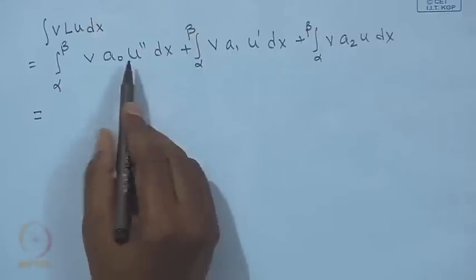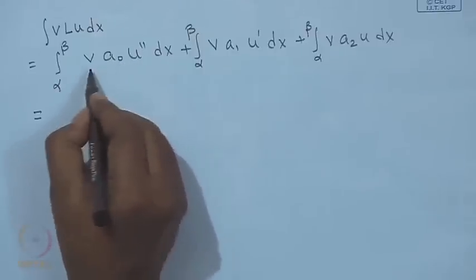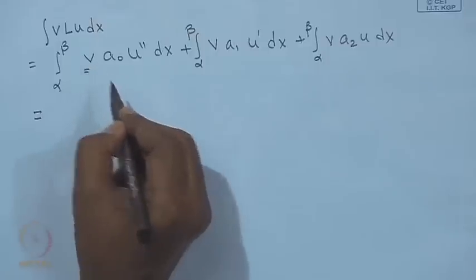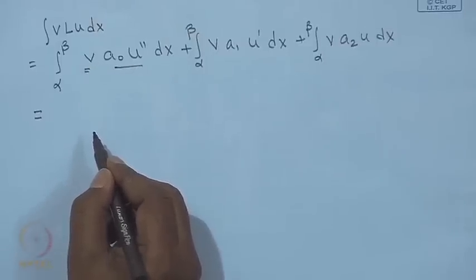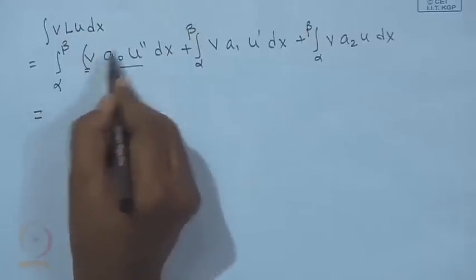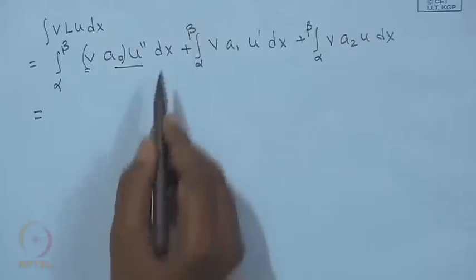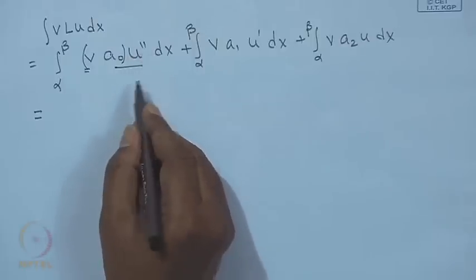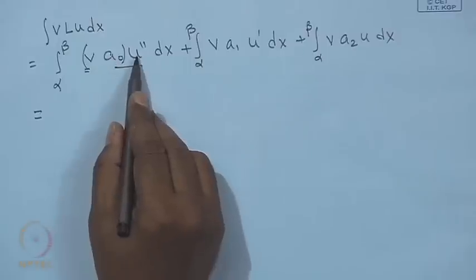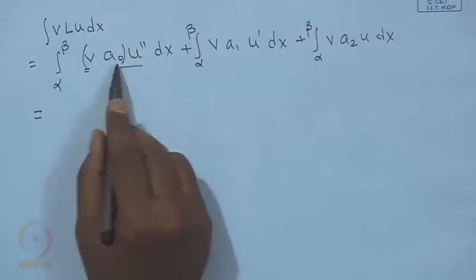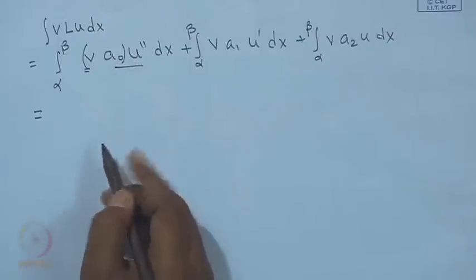So, we carry out this integration by parts, considering this as the first function and this as the second function. You take v a0 as the first function and u double prime as the second function. What you get is the first function times the integration of the second function, minus the differential of the first function times the integration of the second function.